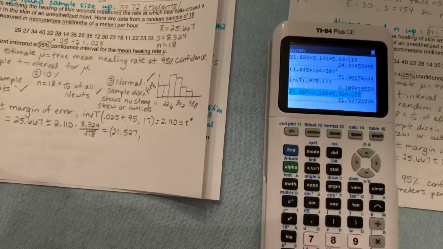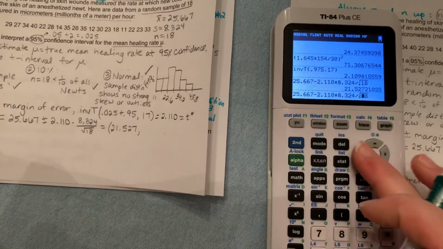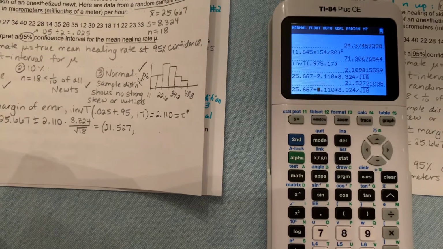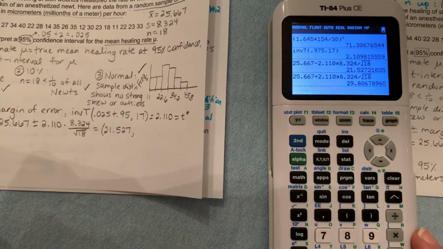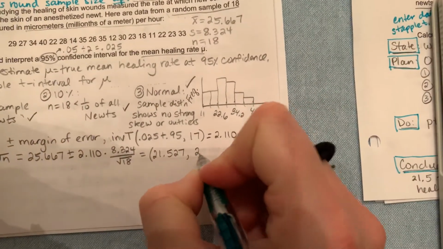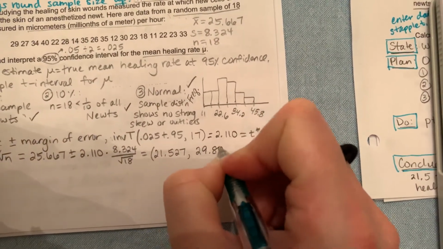I repeat that command, except I change my minus sign back here to a plus sign. Okay, so now I get 29.807 if I round up. All right, there's my confidence interval.